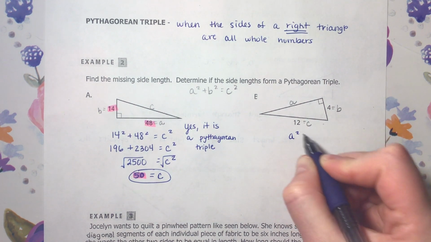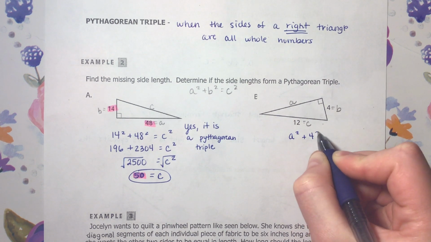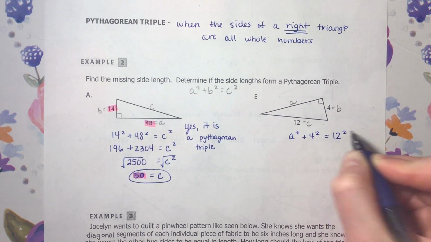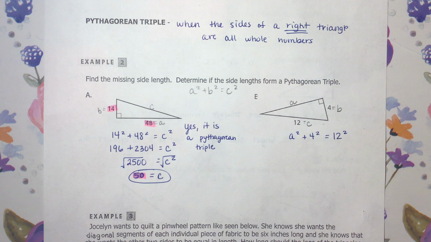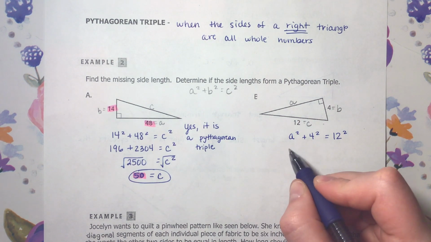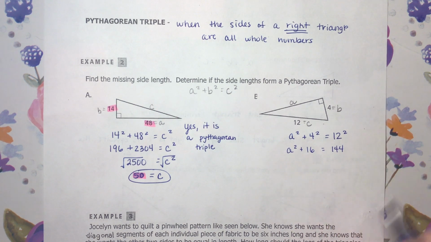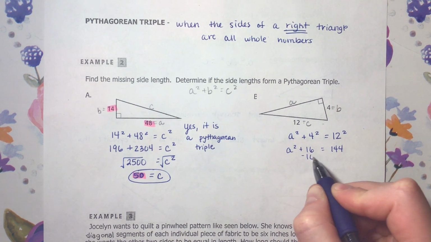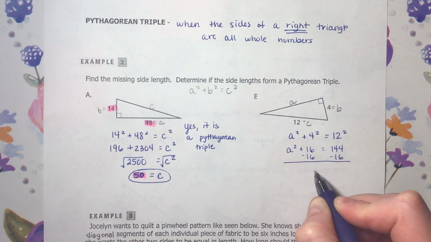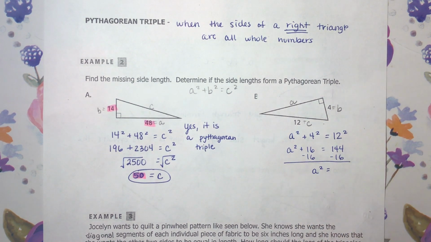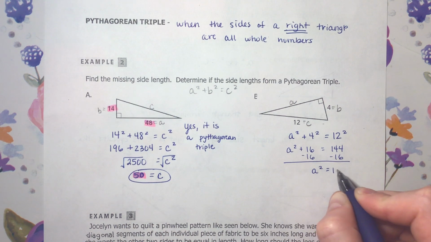So I have a squared plus 4 squared is equal to 12 squared. I need to square my numbers first to follow order of operations. And then subtract 16 from both sides. And I'm at a squared is equal to 128.